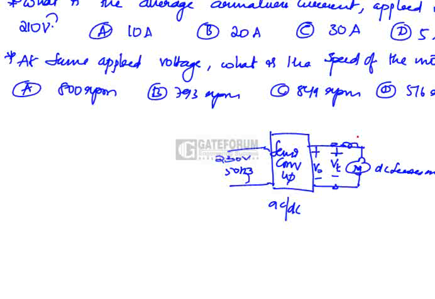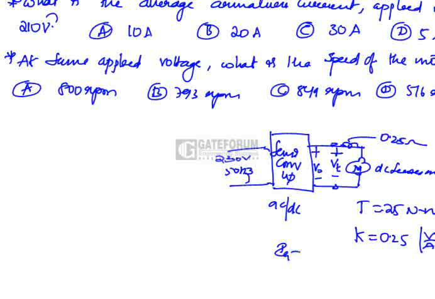The armature and field resistance together is 0.25 ohm, and load torque T is equal to 25 Newton meter. Neglect damping, and the motor constant at rated conditions is K equal to 0.25 volt per ampere per radians per second. Okay, this is the data given by him.